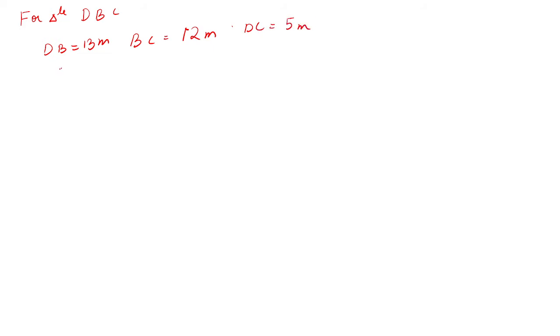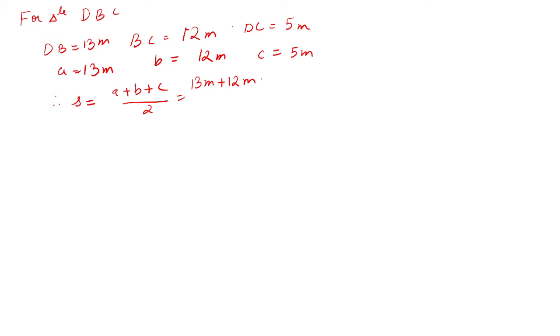Clear? So this can be my A, this can be my B, and this can be my C. Therefore using Heron's formula, A plus B plus C by 2. So that means this is 13 meter plus 12 meter plus 5 meter by 2. So you add them up, 13 plus 12, 25 plus 5, 30 meter by 2.